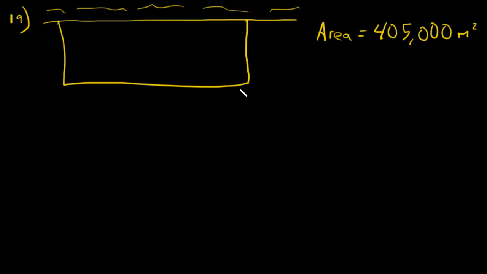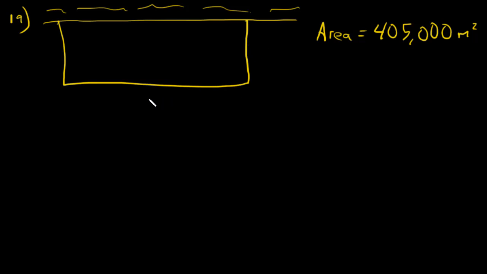It wants to know what is the minimum fencing needed to encompass an area of 405,000 square meters if one of the sides doesn't need fencing since it abuts a river.